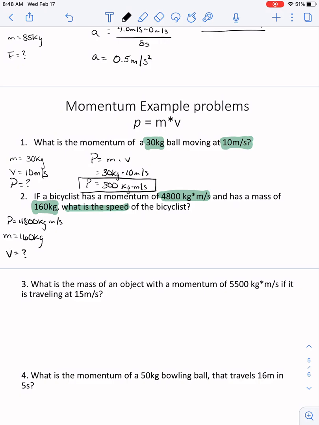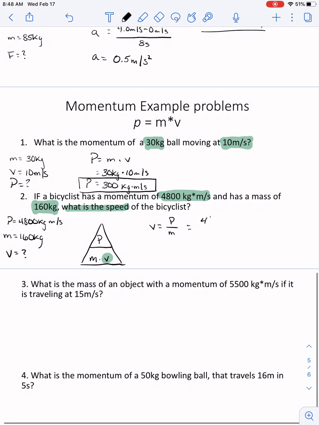If we take our base equation for momentum, m and v are on the same level, so they'd be on the bottom of my triangle to help rearrange. I'm trying to solve for the speed, so speed is equal to momentum divided by mass. So we plug in 4,800 kilograms times meters per second, all divided by 160 kilograms.